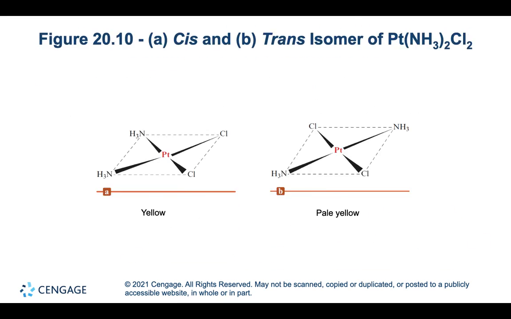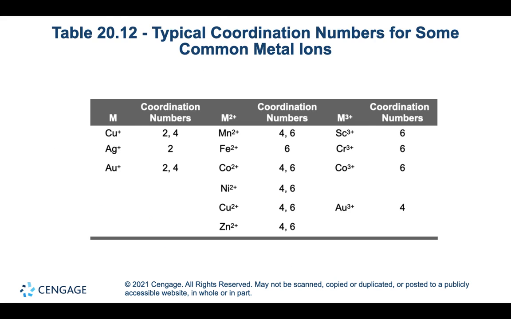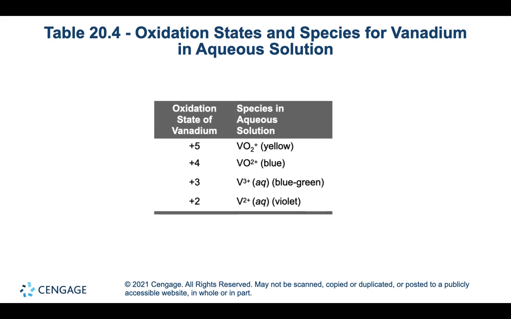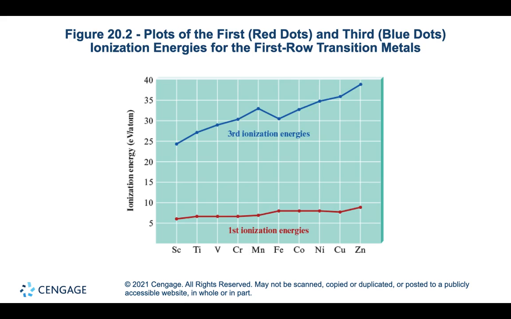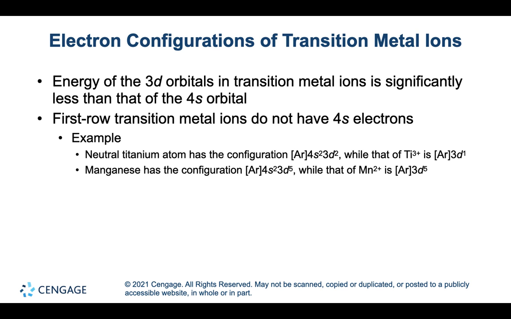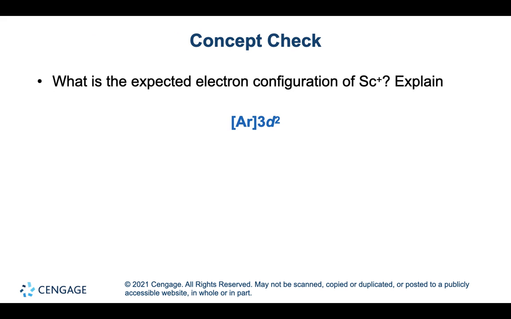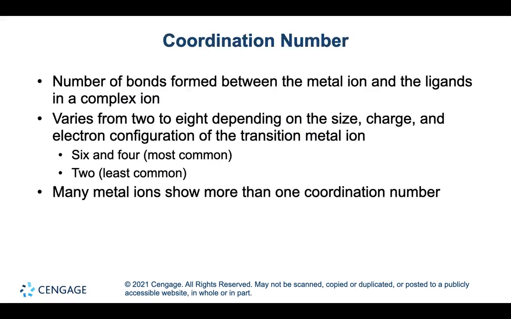Go back to where it talks about electron configurations. Sorry about this, going way, way back. So nickel, 4s2 3d6. I'm sorry, 4s2 3d8.